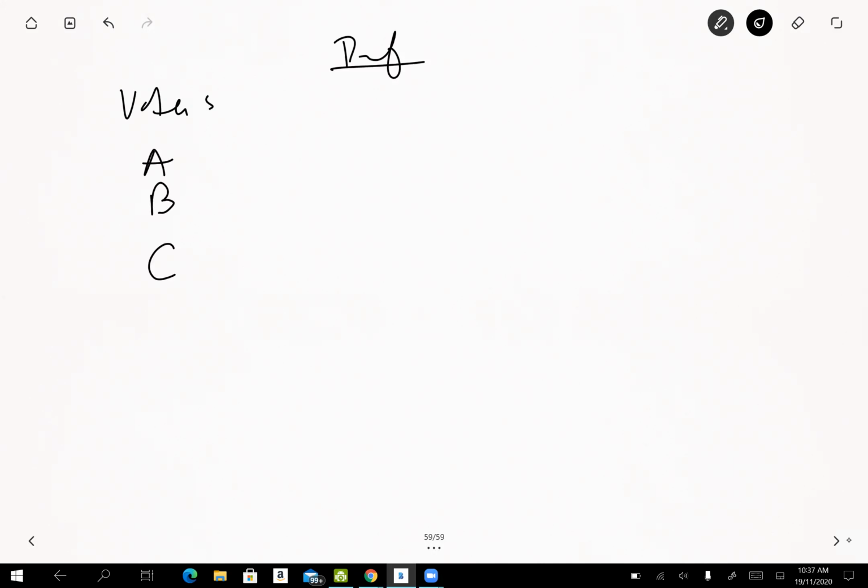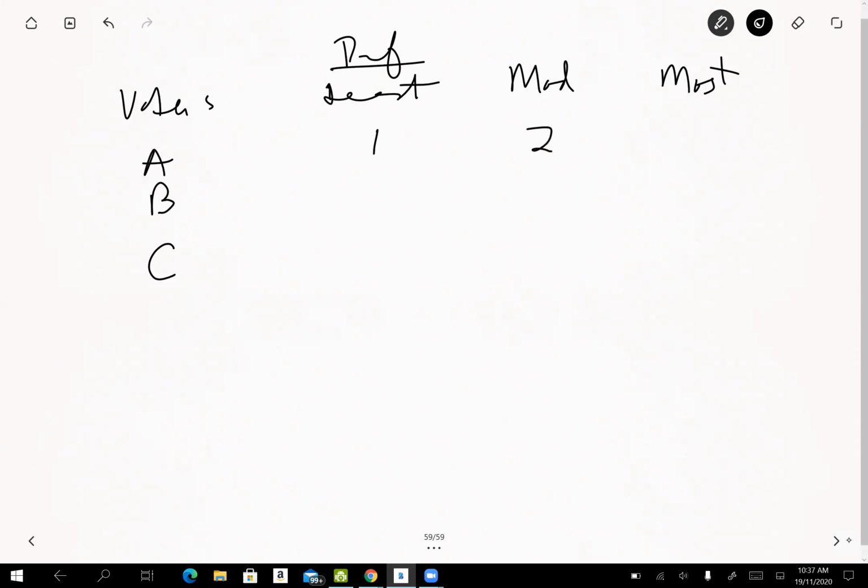And then the preference for each quantity: least preferred, moderately preferred, and most preferred. Now for A, suppose for Ahmad, least preferred is quantity 1, moderately preferred 2, most preferred 3.